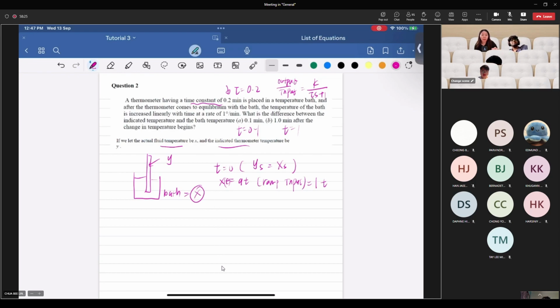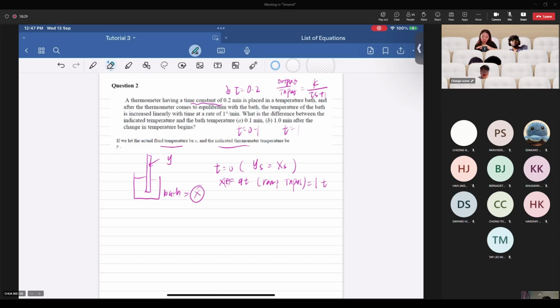So from here, at t equals to 0, you start to apply a change to this water bath. Every 1 minute, you increase by 1 degree. The second 1 minute, you increase another 1 degree, and so on. So this is actually the ramp input. As a function of t, it should be 1t.